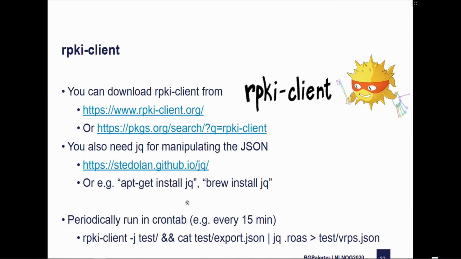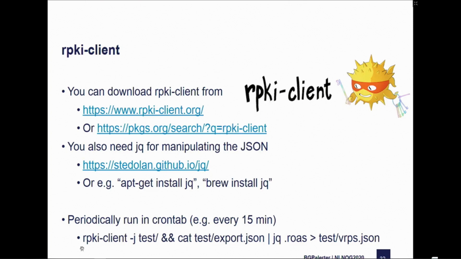This jq, you can install it with apt-get, brew, it's everywhere. And here is the copy and paste line. So what you do is rpki-client -j to get the JSON output, because we need that, and you set which directory you want, like test in this case.